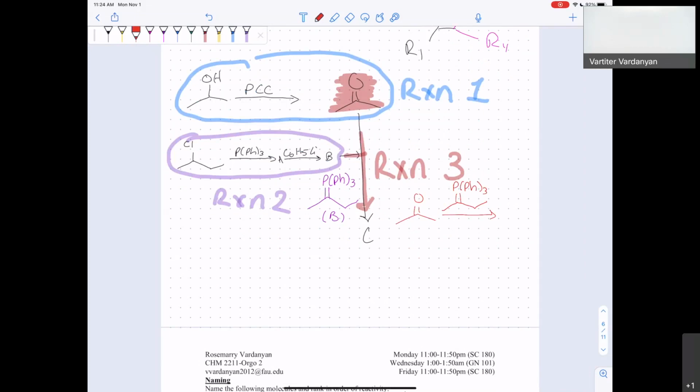So if he's asking you for C, this is what you're looking for. Just that reaction in the corner. And if we have a carbonyl plus a halide, what kind of reaction is this? You guys kind of said it before. The Wittig reaction. Cool.